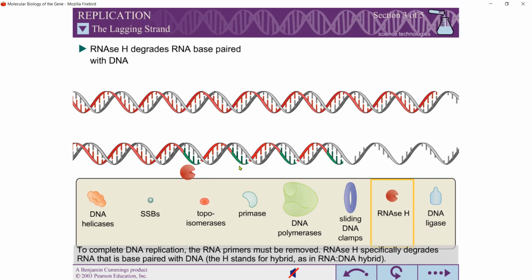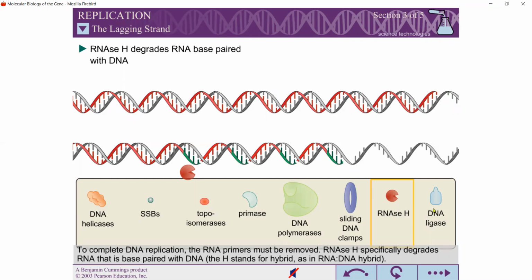To complete the process of replication, once the daughter strands have been synthesized, the leading strand being continuously synthesized and the lagging strand being discontinuously synthesized, we are left with these RNA primers in between. The daughter strands should have only DNA molecules. So what is needed? We need to remove the RNA primers. How do we do it?